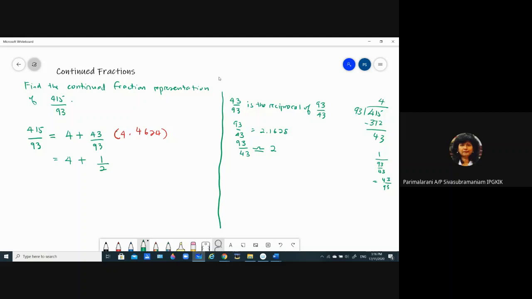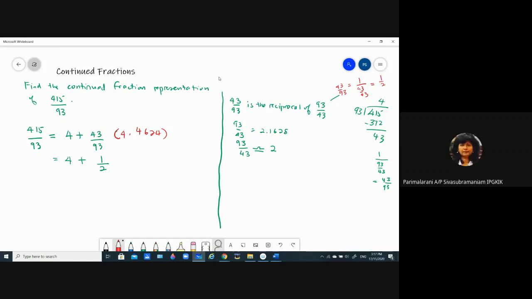So we can deduce that 43 over 93 is 1 over 93 over 43, and 93 over 43 is approximately equal to 2. Therefore, 43 over 93 is approximately 1 over 2. I told you it's a bit difficult.